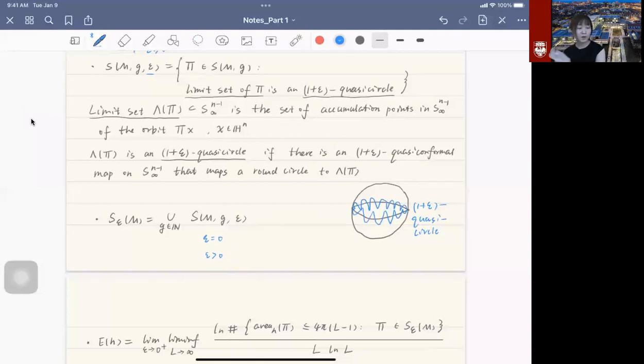So after modding out by pi_1(M), it corresponds to some essential totally geodesic surface in M. But a hyperbolic metric doesn't have to contain any totally geodesic essential surface. So when epsilon is equal to 0, the set S(M, g, 0) can be empty. However, when epsilon is positive, the set is always non-empty.